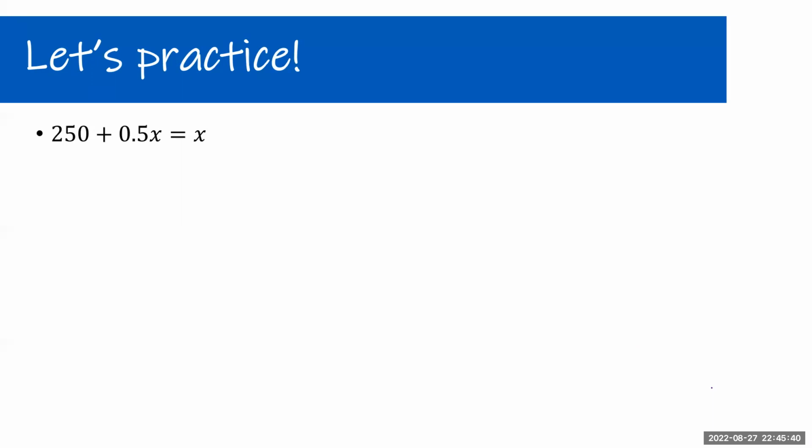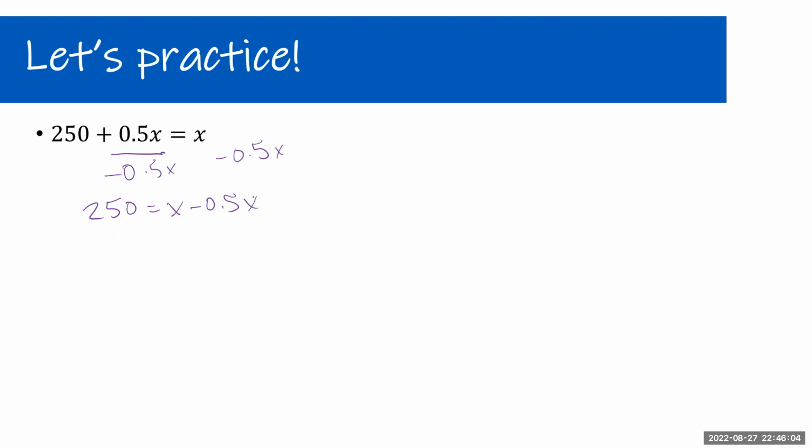So first we have 250 plus 0.5x equals x. I personally would take this over to this side by subtracting 0.5x on both sides. And so we're left with 250 equals x minus 0.5x.